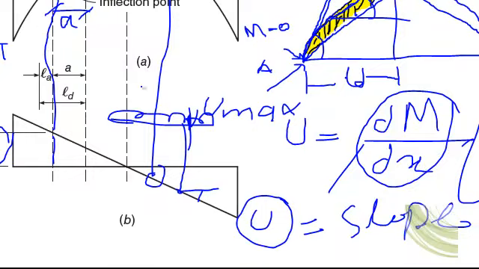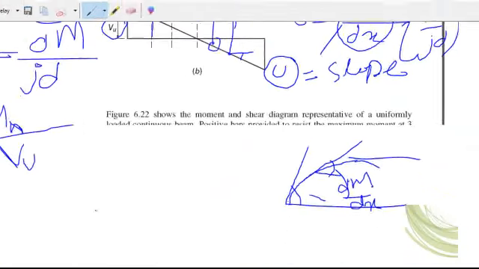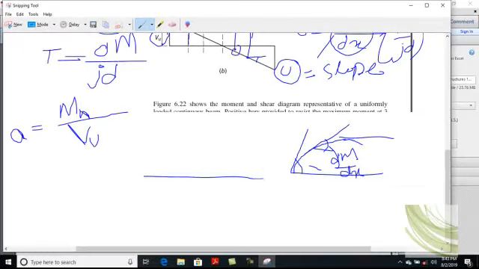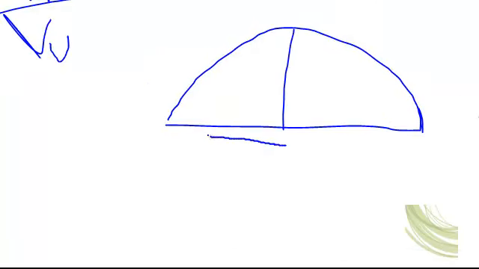Most of the time, it may happen that if this is the point of inflection and you provide the maximum bars for the maximum moment, the development may lie somewhere like there. It may not reach the point of inflection.